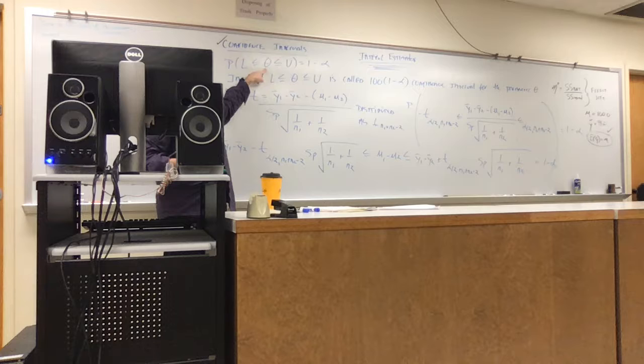If it's a 95% confidence interval, then the interval we build has a 95% probability of capturing the parameter, of catching it. So what's going to determine how wide that interval is?